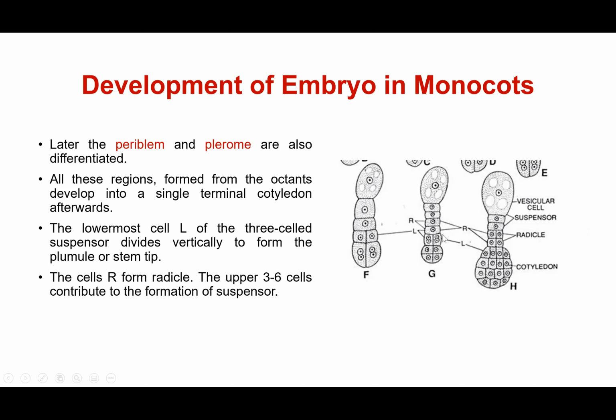There we saw that the stem tip or plumule was coming from the apical cell, but here the lowermost cell is forming your plumule or stem tip. Then the cells from R will form your radicle. The radicle is your root tip. The upper 3 to 6 cells are forming your suspensor.